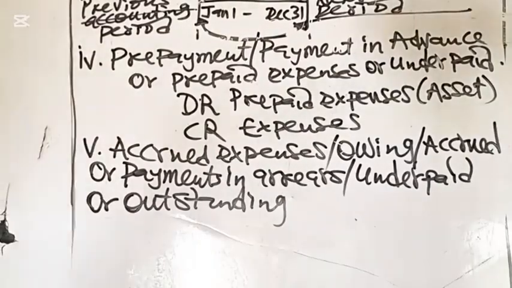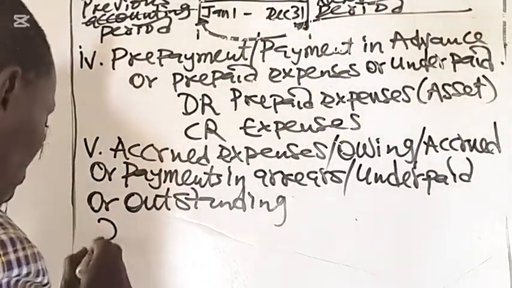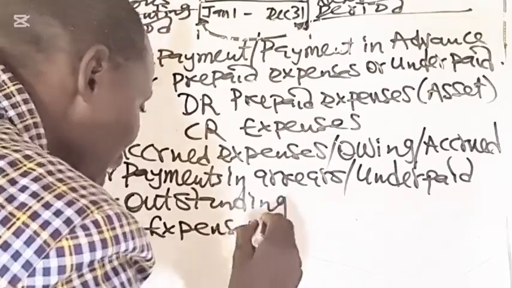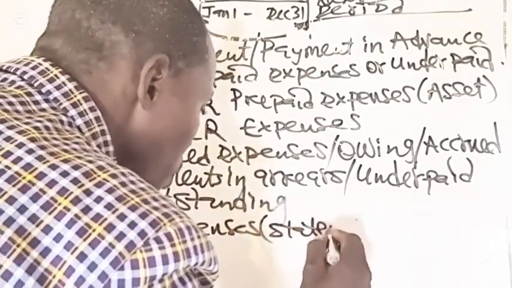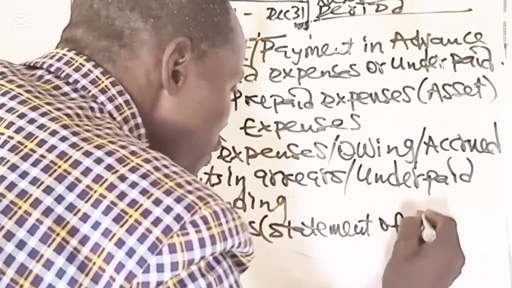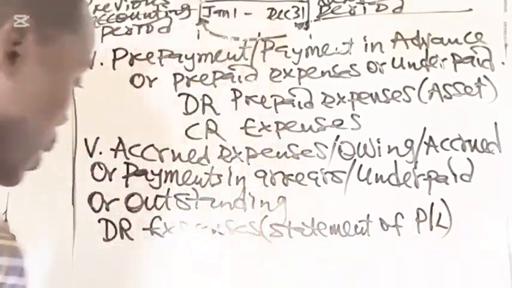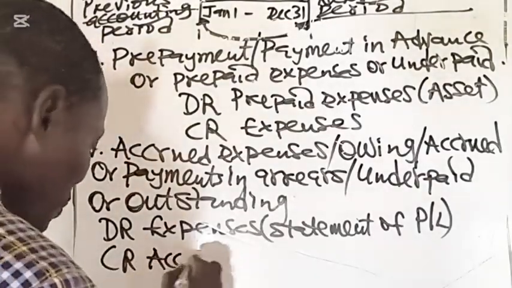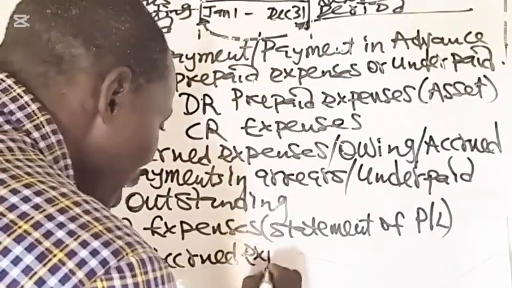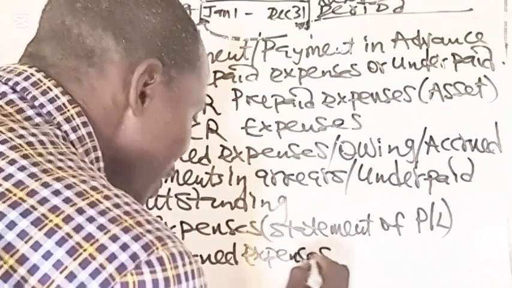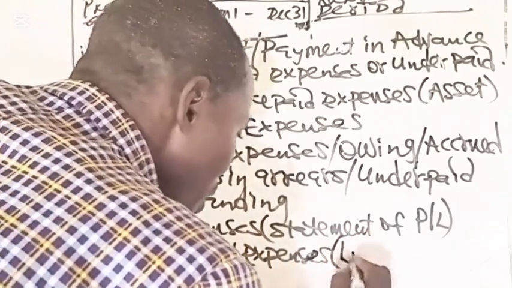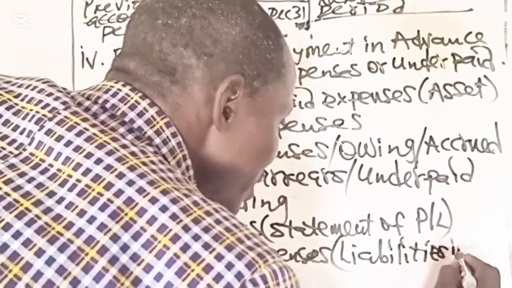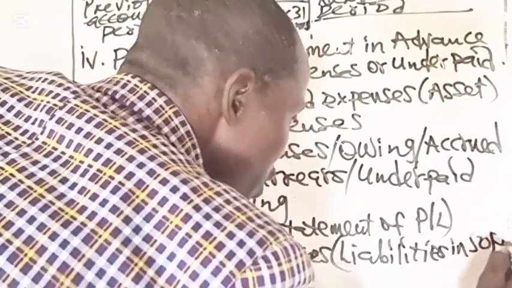So debit expenses, that is statement of profit or loss. The expenses you have in the statement of profit or loss. Credit accrued expenses. Accrued expenses will be shown as liabilities in the statement of financial position.